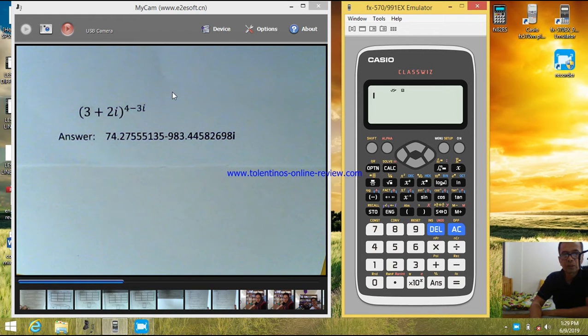Next step, since we're dealing with complex numbers, is to use complex mode: enter menu and then number 2. So you are now in complex mode. Look at the i there. Next is to store these two complex numbers into two variables.